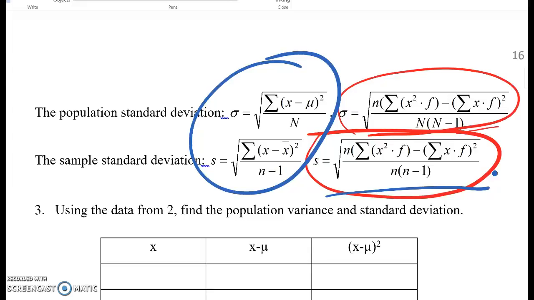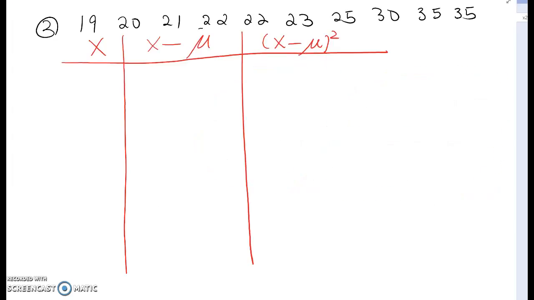Okay, then let's find the population variance and standard deviation using the previous data. Now look at this data, please.